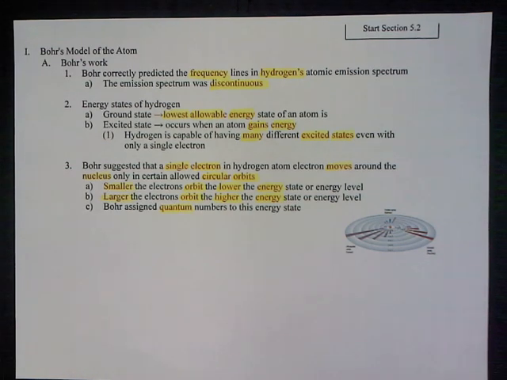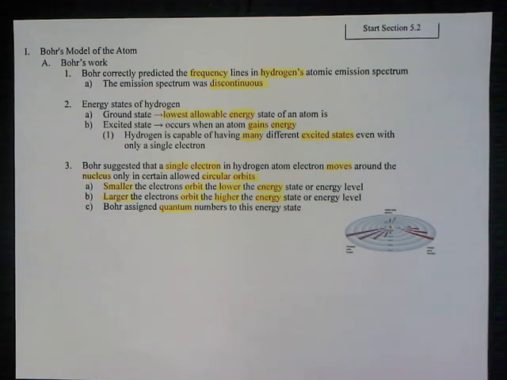Mr. Bohr was the first scientist to say, okay, I know what I see in the emission spectrum of hydrogen, let's try to explain this in terms of electron behavior.